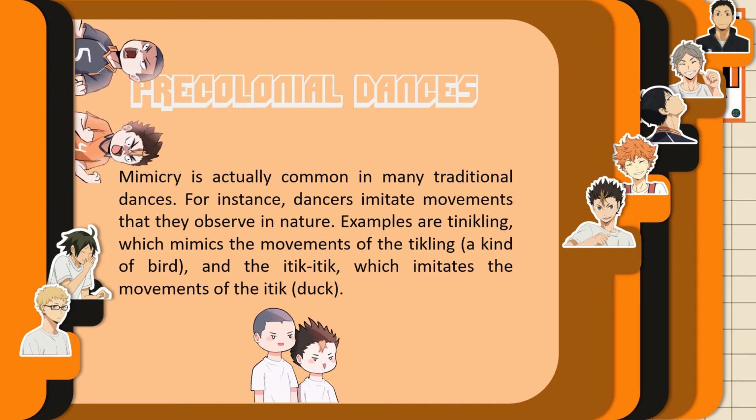Mimicry is actually common in many traditional dances. For instance, dancers imitate movements that they observe in nature. Examples, tinikling. Tinikling, a popular dance, mimics the movements of a tikling, a kind of bird. So first was the movement of the bird, the tikling. They made it into a dance, and it became tinikling.